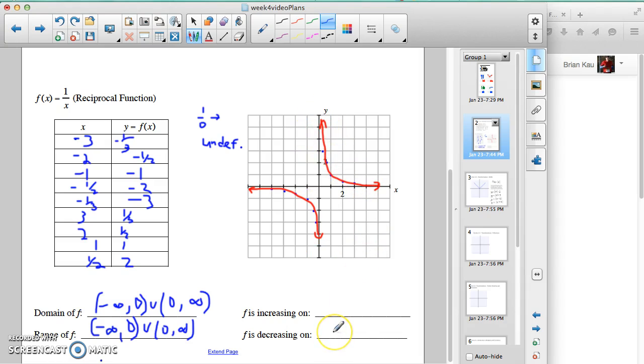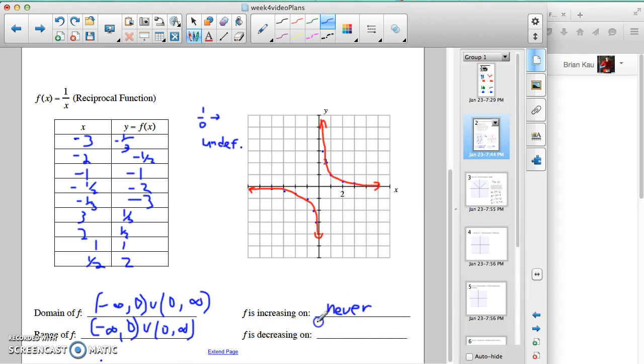So it's always decreasing, and it's never increasing. It never goes up. It always travels down. So it never increases, it always decreases. So it's decreasing on the whole domain.